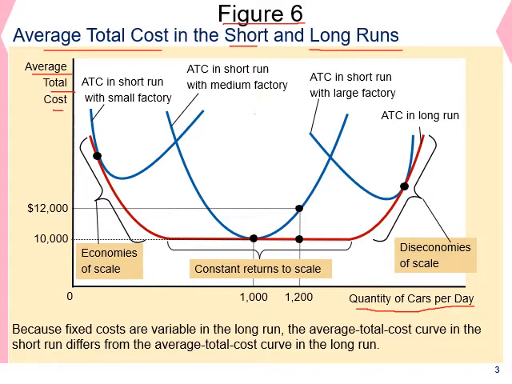You can see that the short run average total cost for the small factory will be the blue line right here. This is for the small factory, this is for the medium factory, and this is for the large factory. You can see that they lie on or above the long run, which is the red line right here.